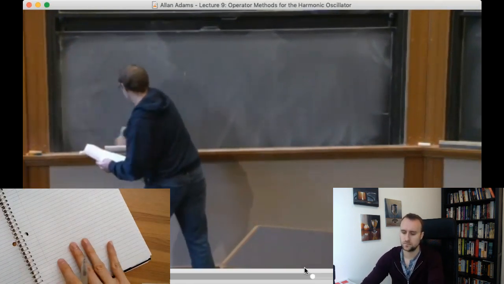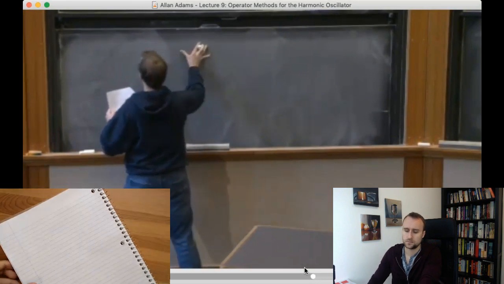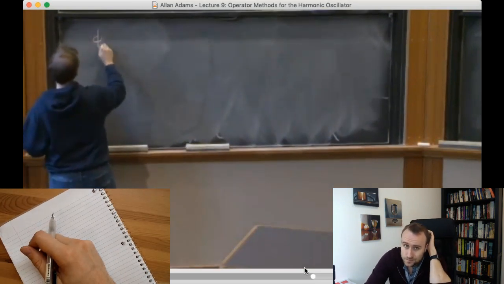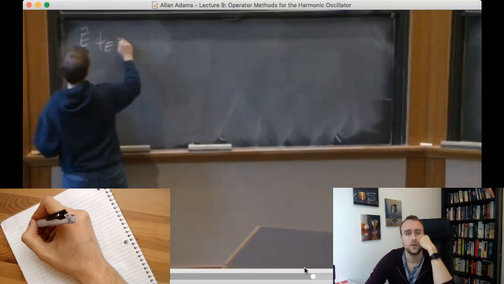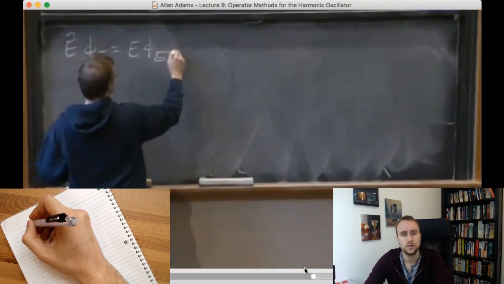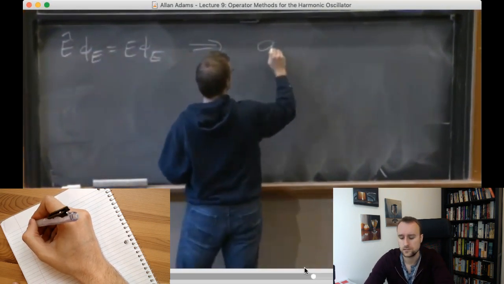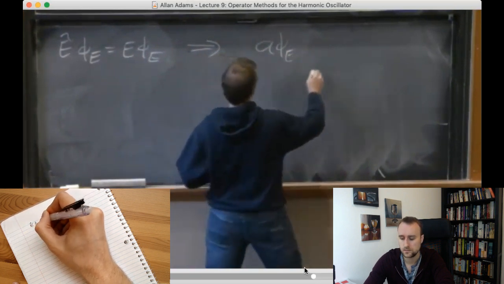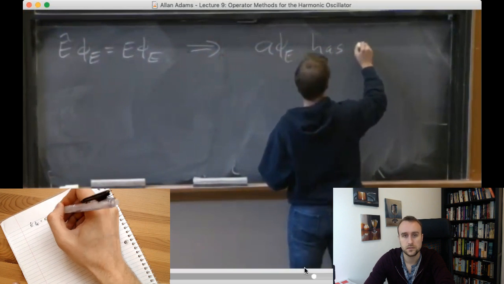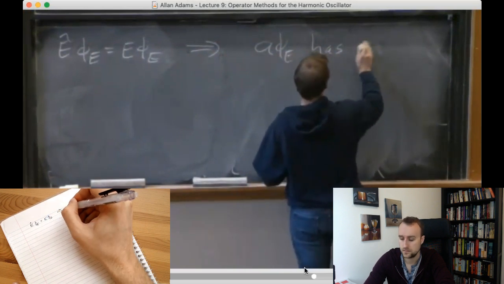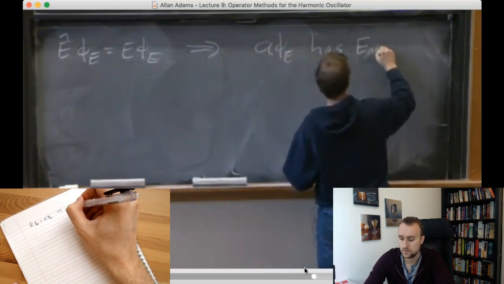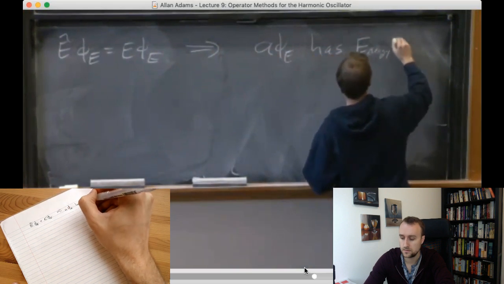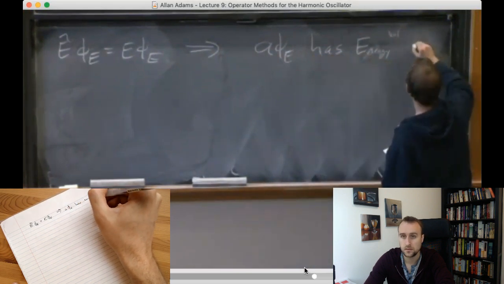So, if we have a state with eigenvalue E, we have phi E, such that H on phi E is equal to E phi E. Then the state A phi E has energy eigenvalue E minus h bar omega.